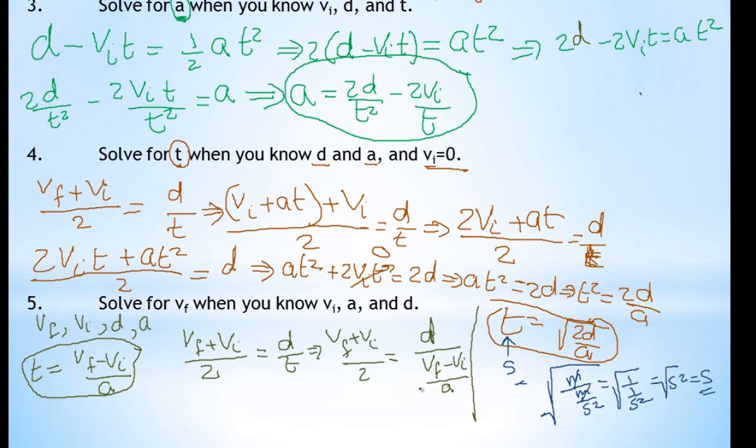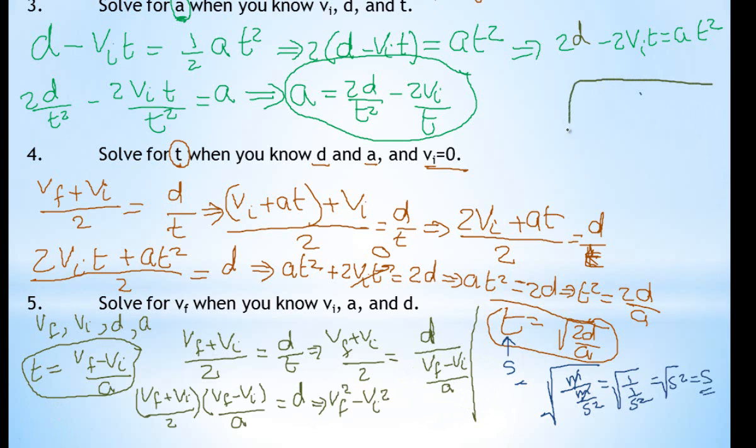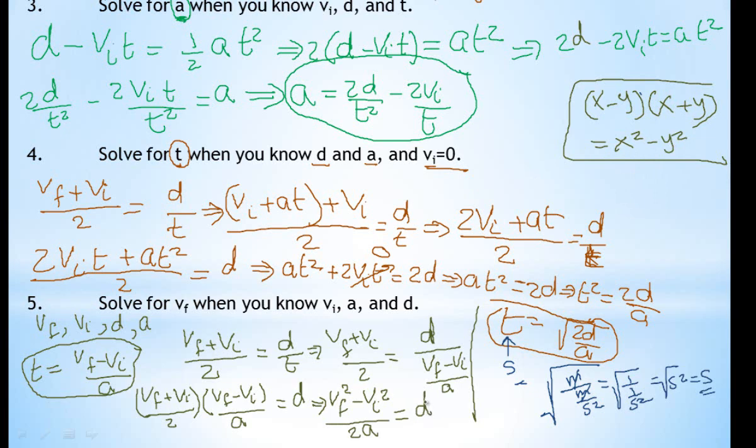Let's multiply both sides of the equation by the term here in the denominator, v final minus v initial, and on the right hand side we are left with the distance. I'm just reminding you of the math here: when you have x minus y times x plus y, this is equal to x squared minus y squared. This is from math. And this should be equal to distance.